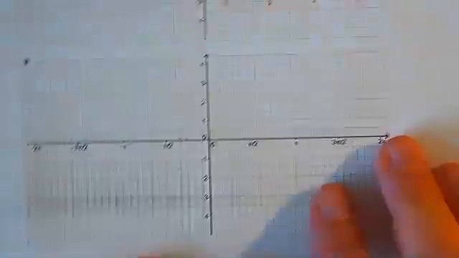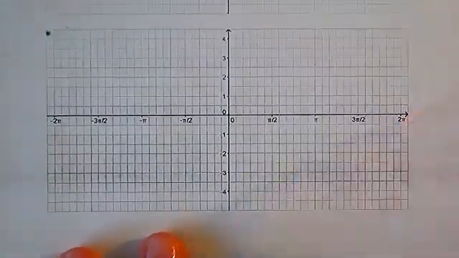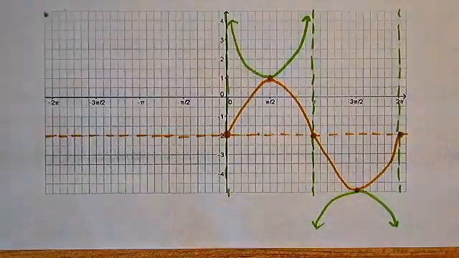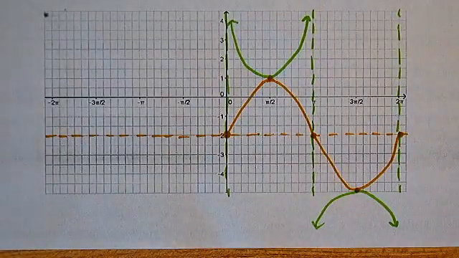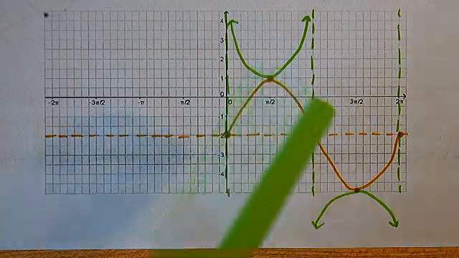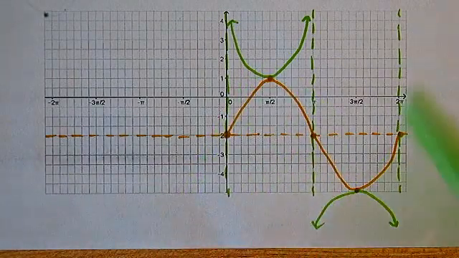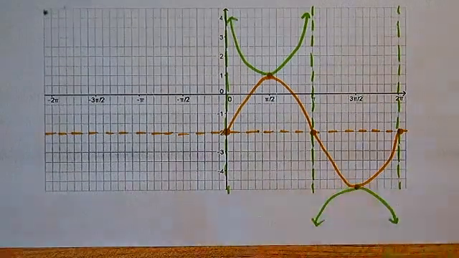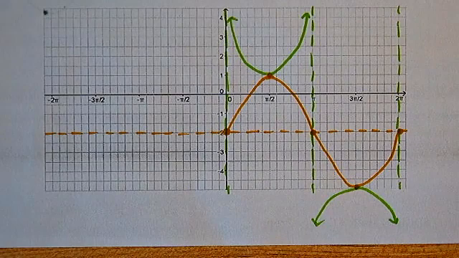So go ahead and pause if you guys want to practice this one, and I will be back with the key. All right, and then this one was back to a sine. Full period is 2 pi. So you should see 2 parabolas in 1 full period. This one was off the graph, yes, I know, but I still drew it because there was room to, and it's nice to see it. So yeah, that's it for secant and cosecant. I hope you didn't find that too difficult.